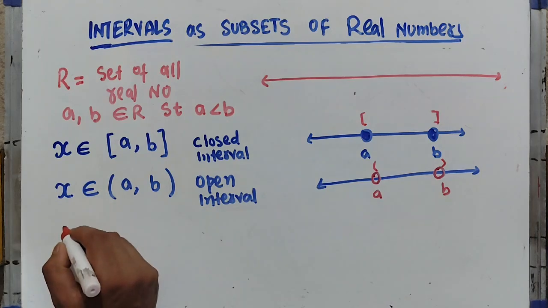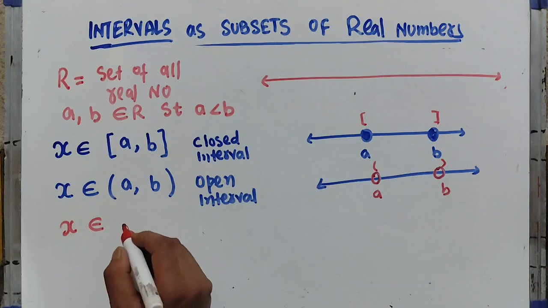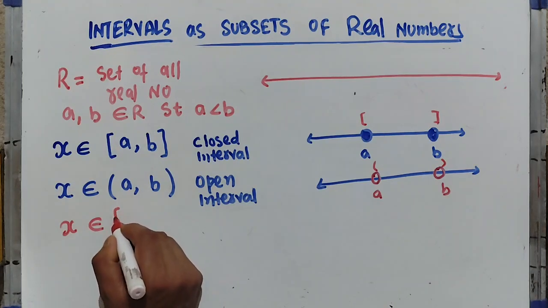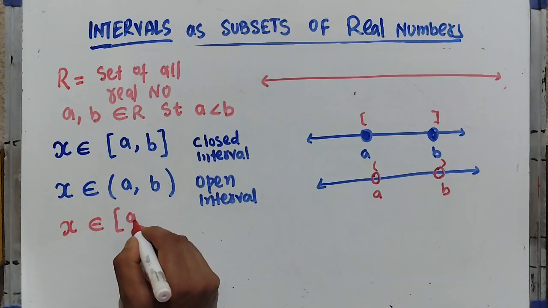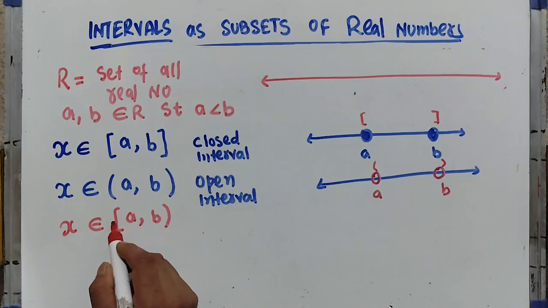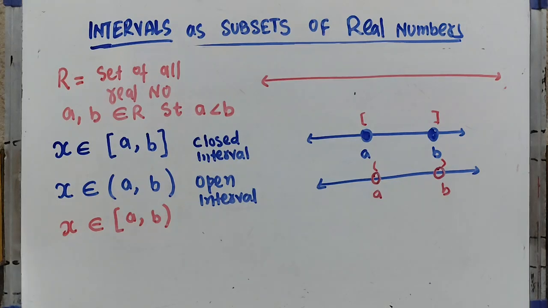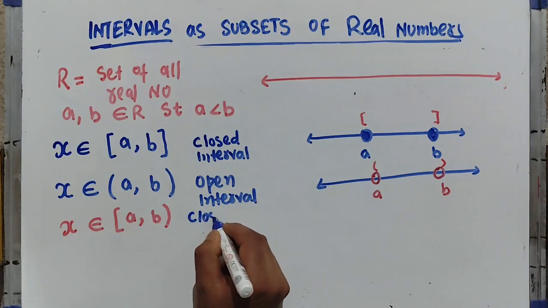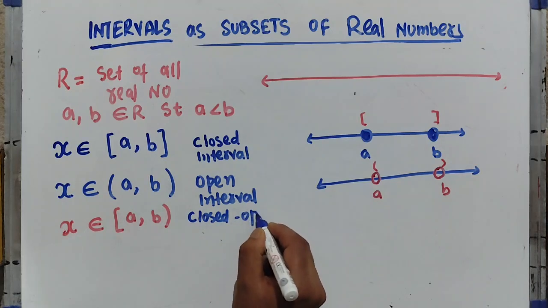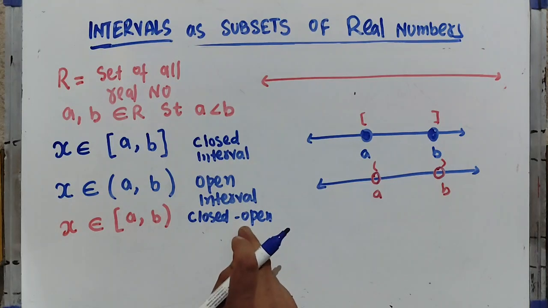Then let us suppose x belongs to [a, b). Here we have the square bracket on the left side and the parenthesis on the right side. We call this interval closed open, or we also call it semi-closed or semi-open.